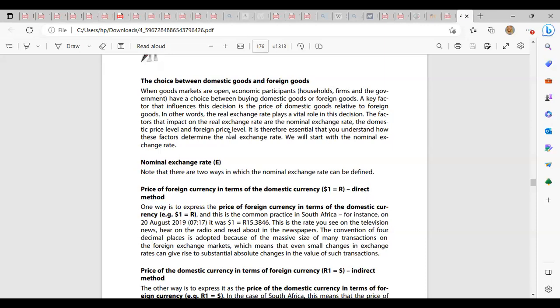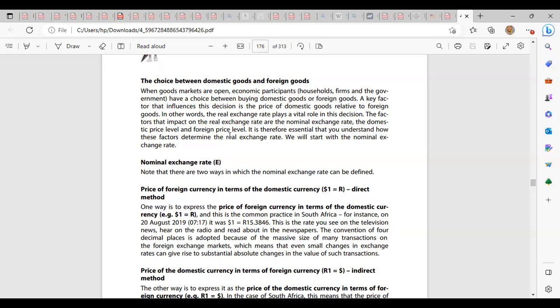If we compare good for good using constant prices, we refer to that as a real exchange rate, which is the price of domestic goods relative to the price of the foreign good.